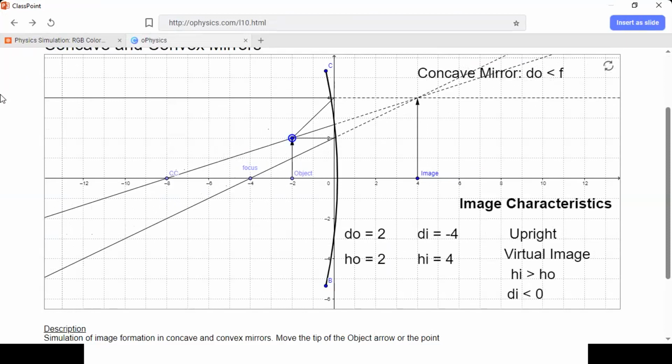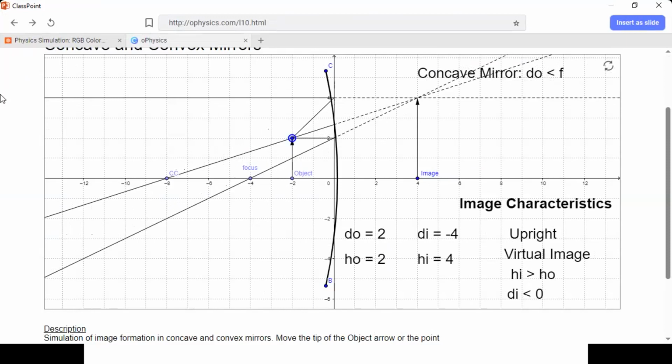Again, use those three laws. Incident light, yes, parallel. See? The reflected light passes through the focal point. Incident light goes through the center of curvature, and the reflected one passes through as well. You see these two, and you can just draw the third one as well, but it's not necessary.